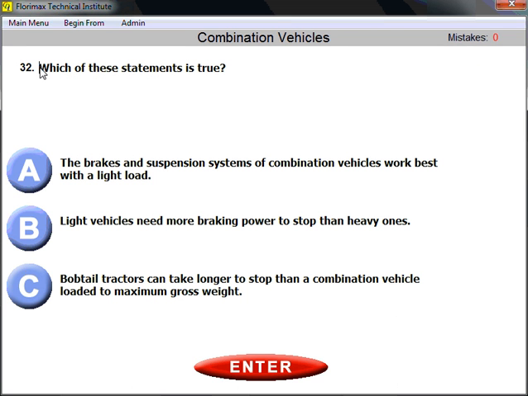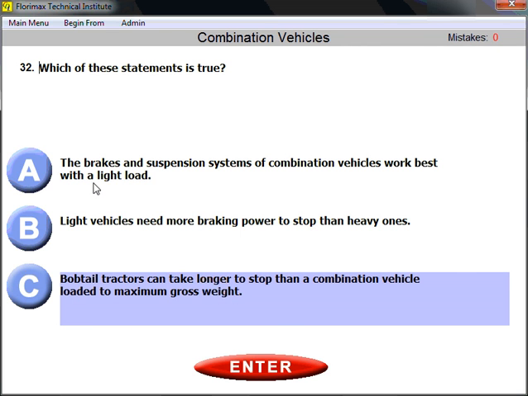Question number 32. Simple question. Which of these statements is true? You need to read through all three of them. And the correct answer here is C: bobtail tractors can take longer to stop than a combination of vehicles loaded to maximum gross weight.